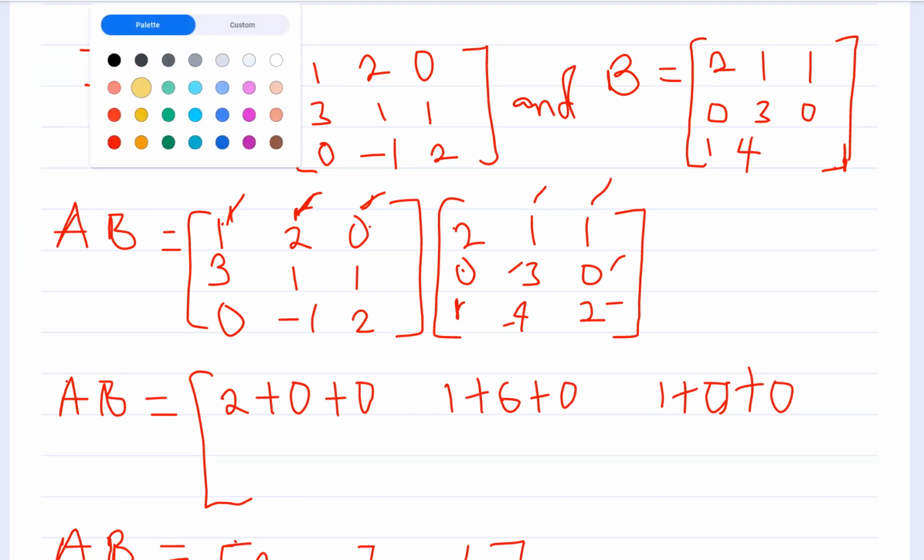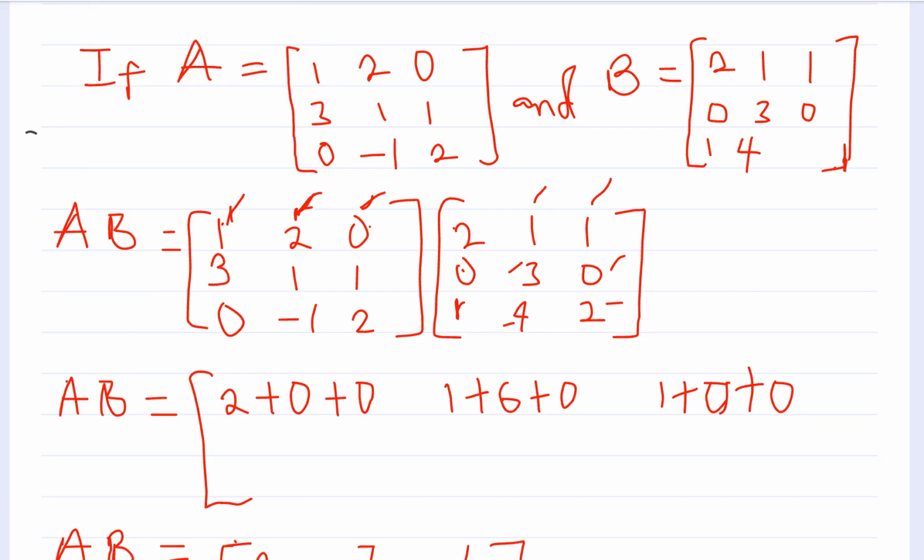All right, now the second part. Now we are done with this. So now we are going to the second row, which is this particular part. So 3 multiplied by 2, 6, plus 1 multiplied by 0, 0, 1 multiplied by 1, 1.